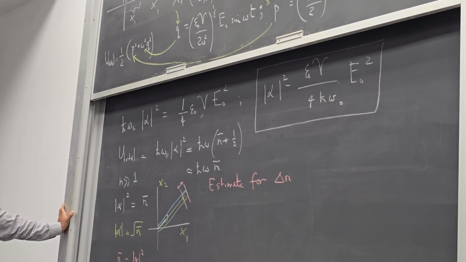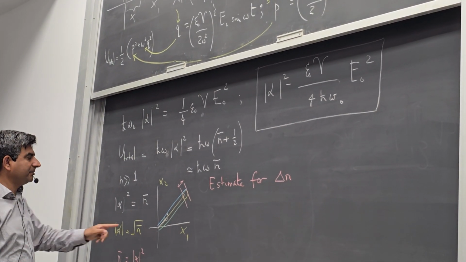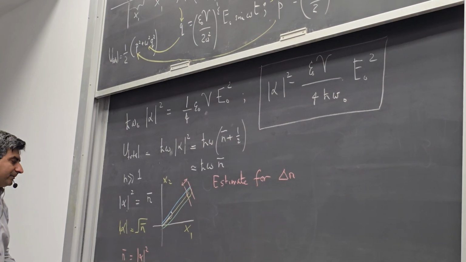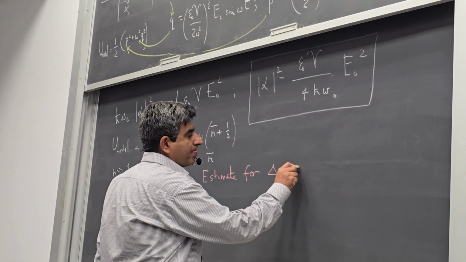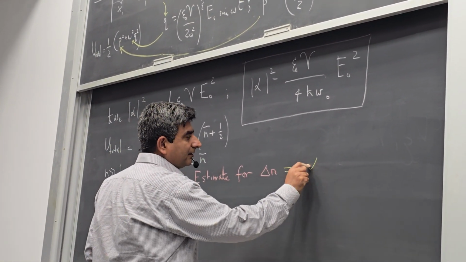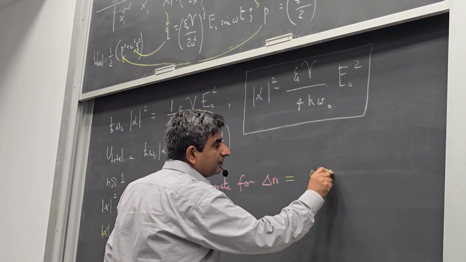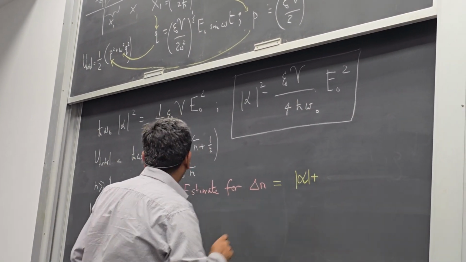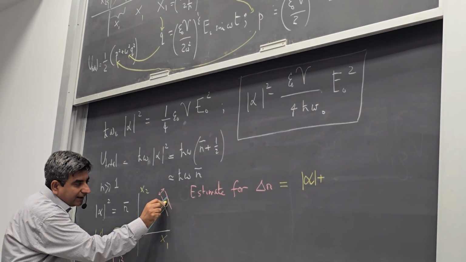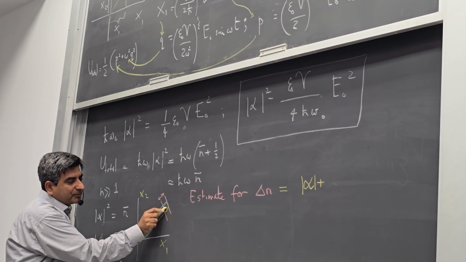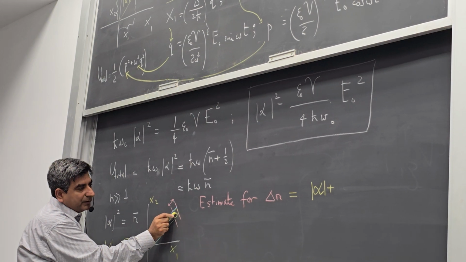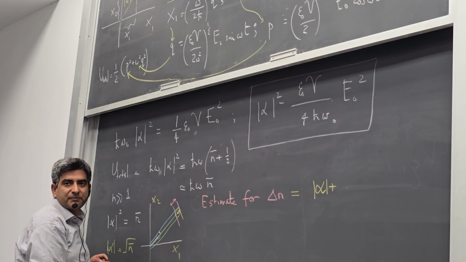Right? So an estimate for delta n would be alpha plus, now the middle point is right in the middle of this block, so this point will be 1/4 away from the centroid.